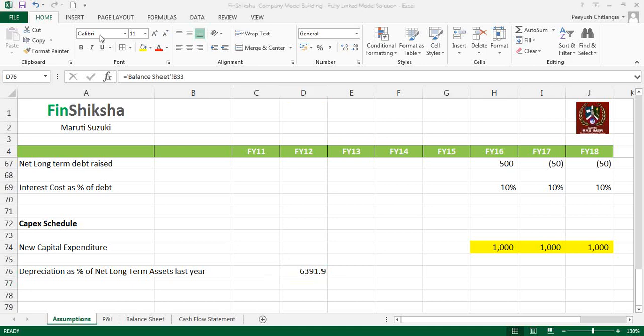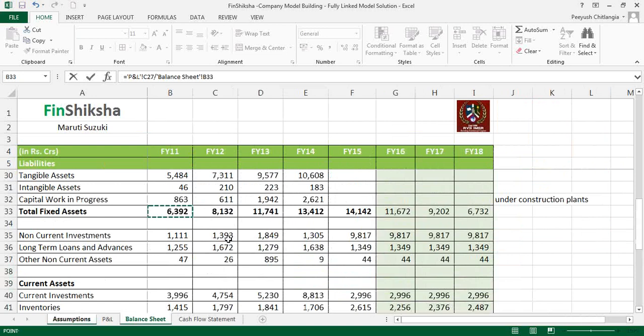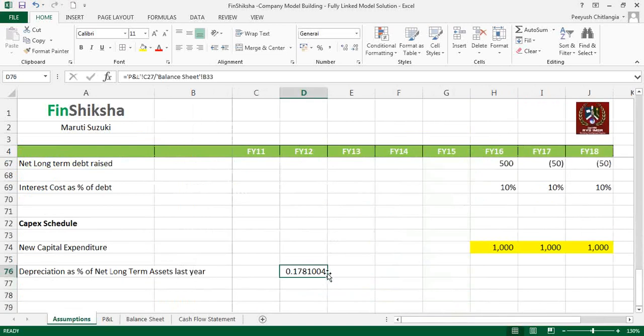I have not calculated this number correctly. We have to look at the P&L depreciation, which is here 1138 for FY12 divided by the balance sheet number here, which is 6381, and drag and drop this till here, and we find that every year whatever assets are left, roughly next year the depreciation number is 18% of that, right?